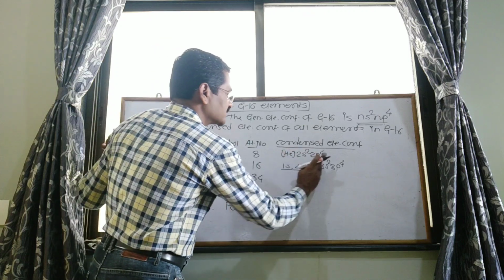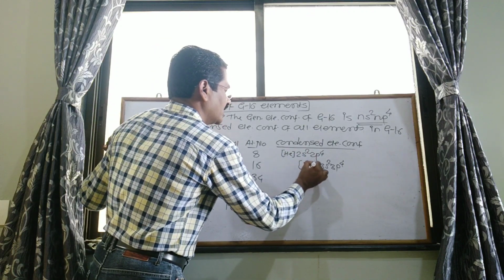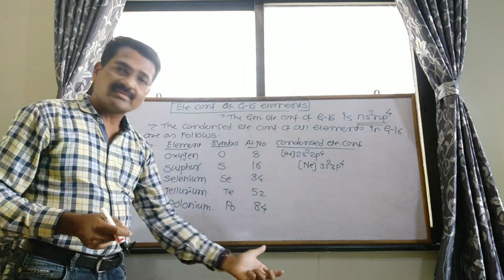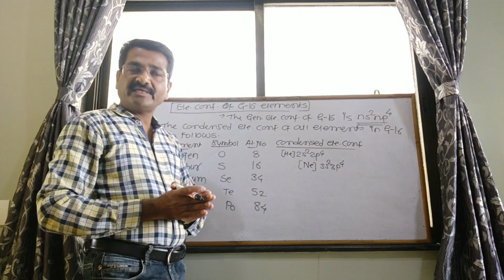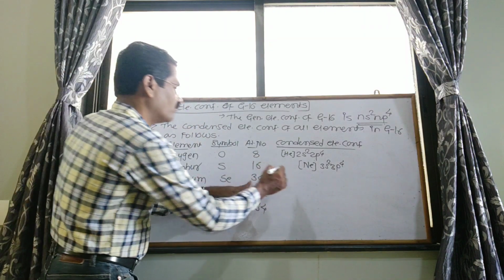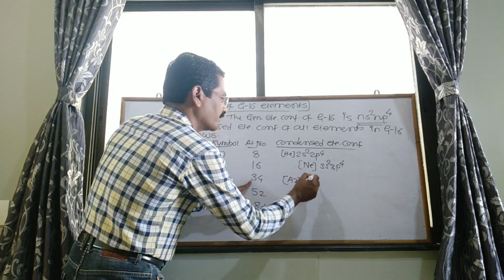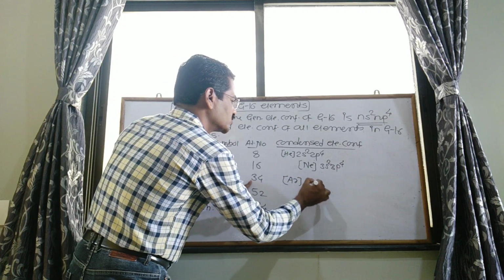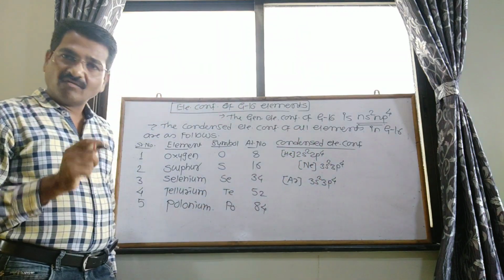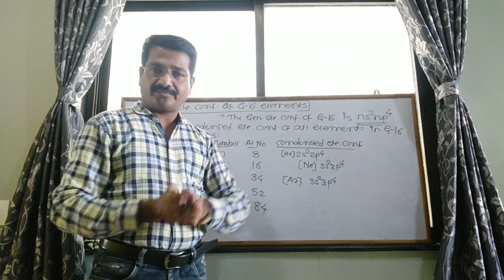So it indicates neon. After neon, 3s2, 3p4. Likewise we can write the electronic configuration of each and every element. For selenium, argon, then 3d10, 4s2, 4p4, having 34 electrons.